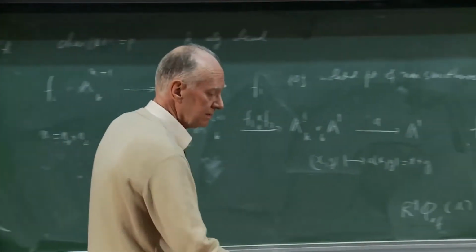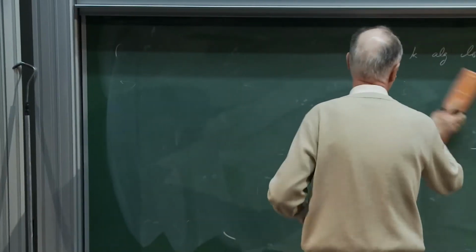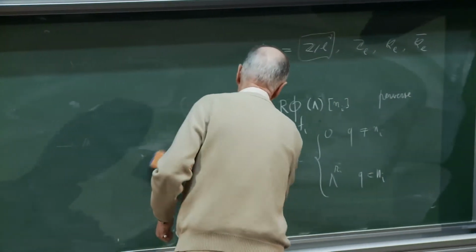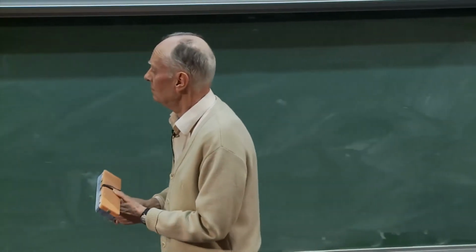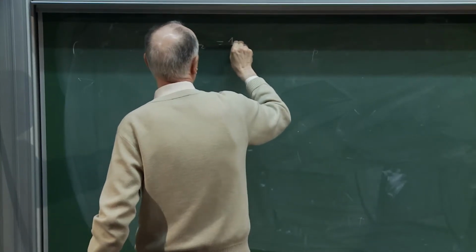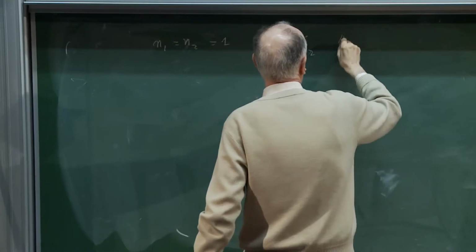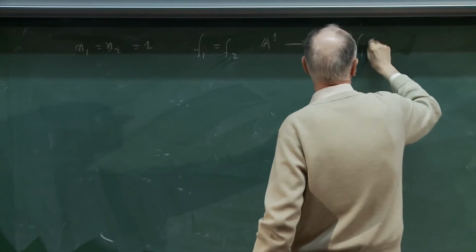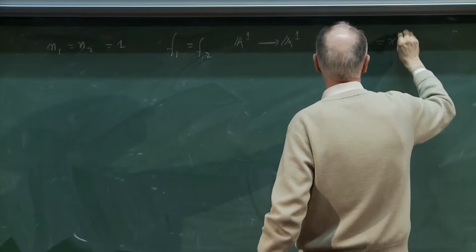So even in the following simple example, suppose you take n_1 equals n_2 equals 0, and you take F_1 and F_2 from A^1 to A^1, F_1 of x is x, F_2 of x is x squared.